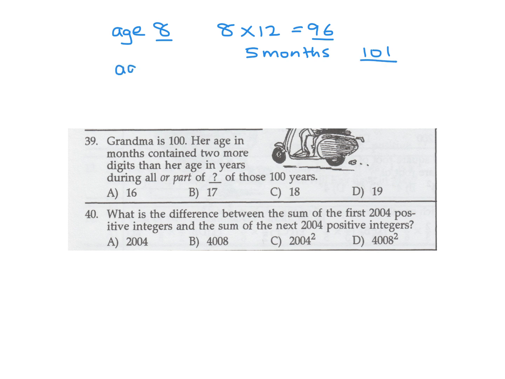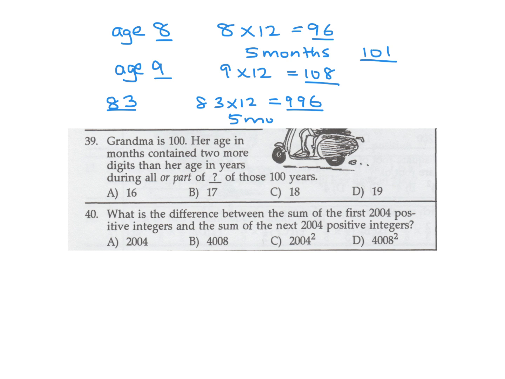And similarly, the same thing happens when she's 9. 9 times 12, for example, is already 108. So this 108 is 2 digits more than that. And that also happens when she's 83. You'll see 83 times 12 is 996. Now that is not 2 digits more than this, but after 5 months, for example, it'll be 1001 months, and that is 2 digits more than that. And similarly, it'll happen for ages 84 all the way till age 99.